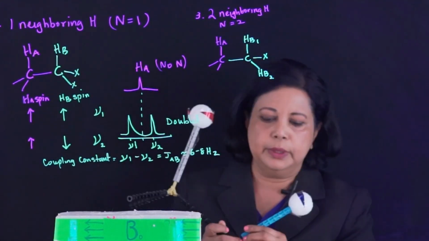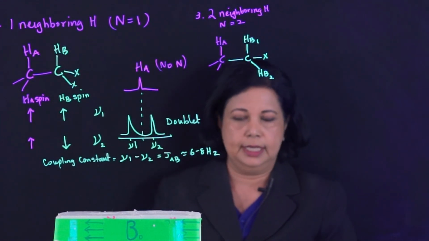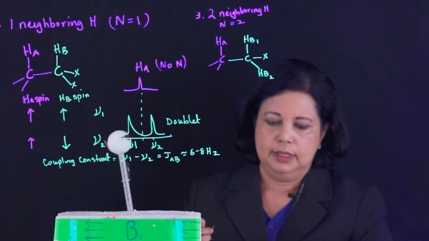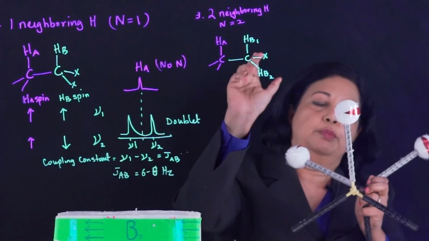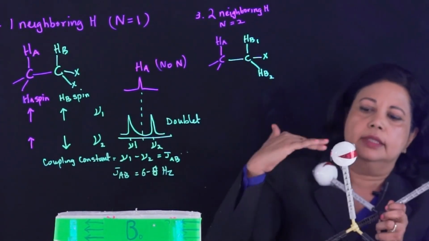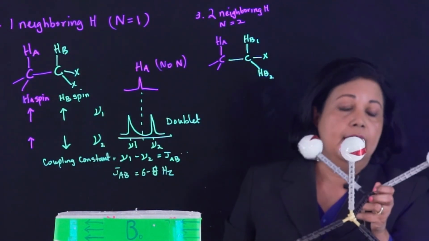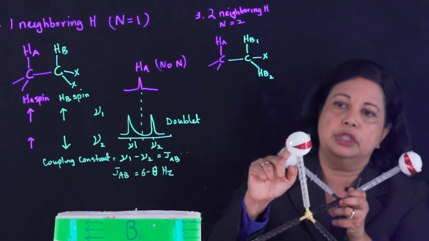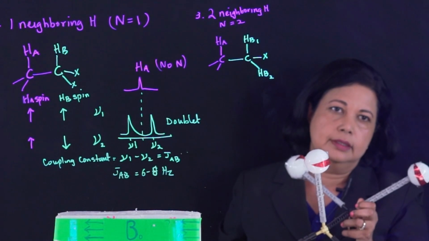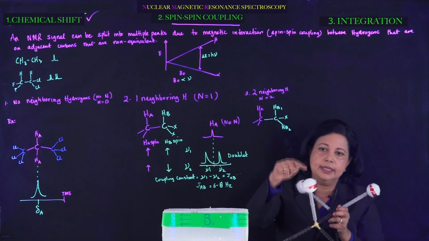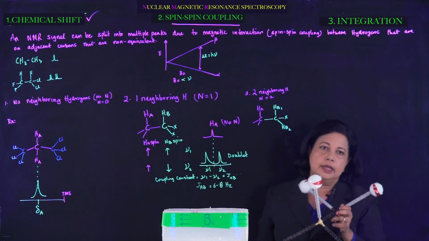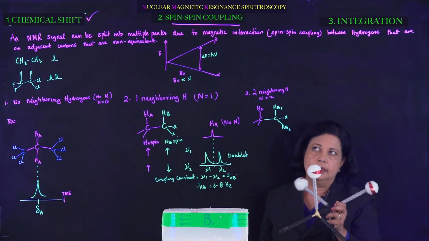So you have now, instead of having one hydrogen as a neighbor, two hydrogens. So HB1 and HB2, just two hydrogens, they're identical, there's no difference, but they can have the same direction of spin as this. So they can interact with this in such a way that it's enhancing the field that this hydrogen is experiencing.